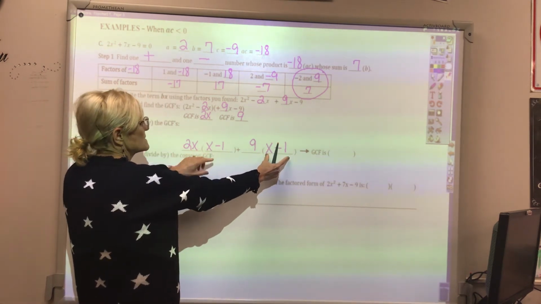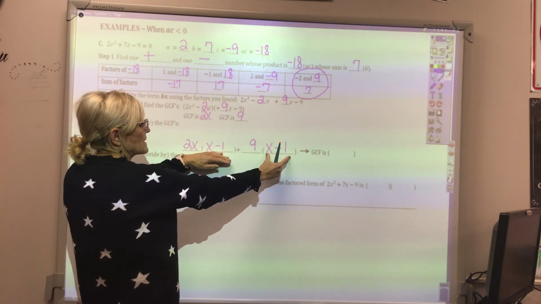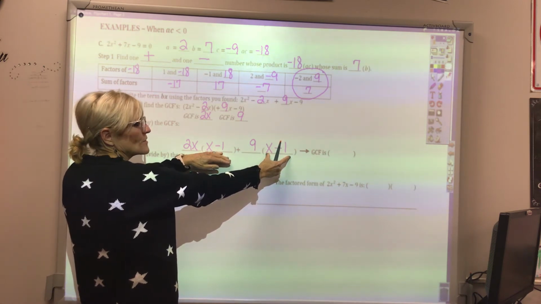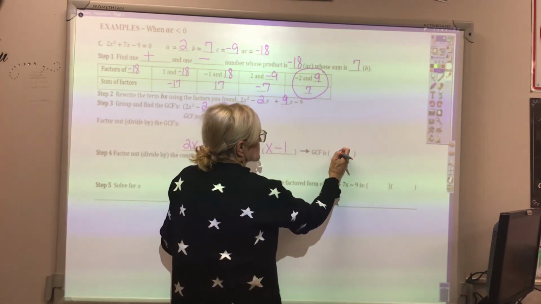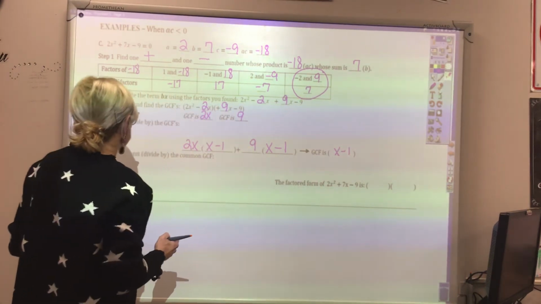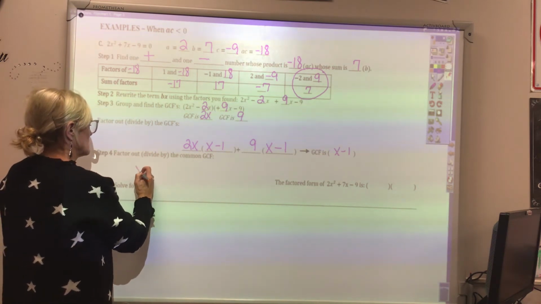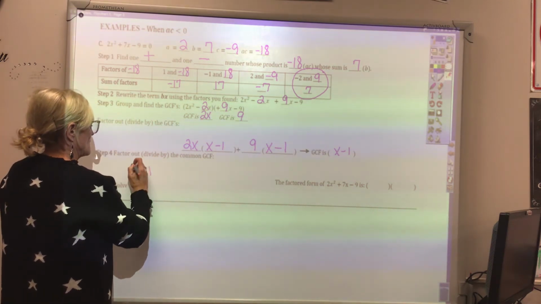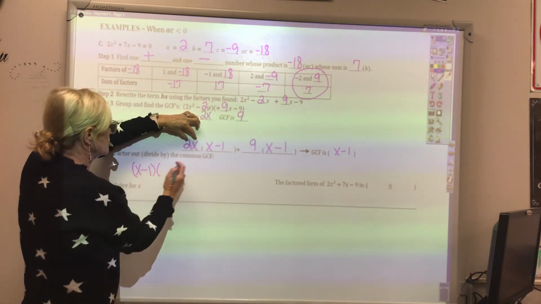Notice you're going to always see the same thing right here, which is our greatest common factor, and it also is an indicator that what we've done has been to factor this correctly. So x minus 1 is our greatest common factor. When we factor it out or divide it out, all that would be left right here would be the 2x.